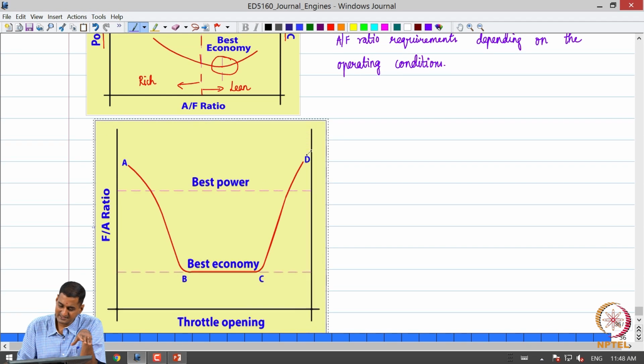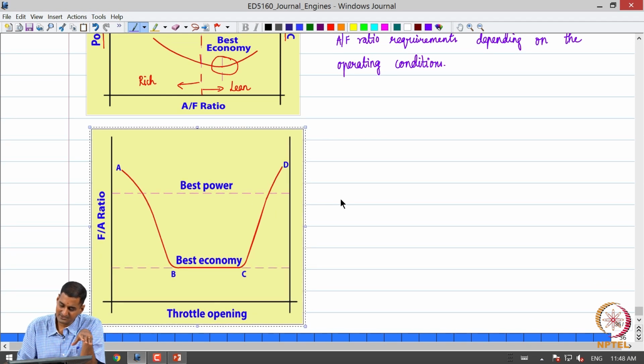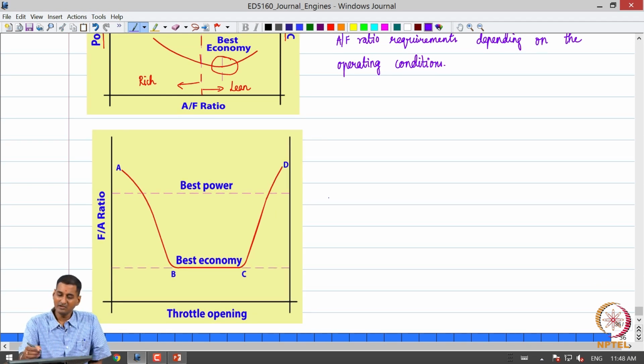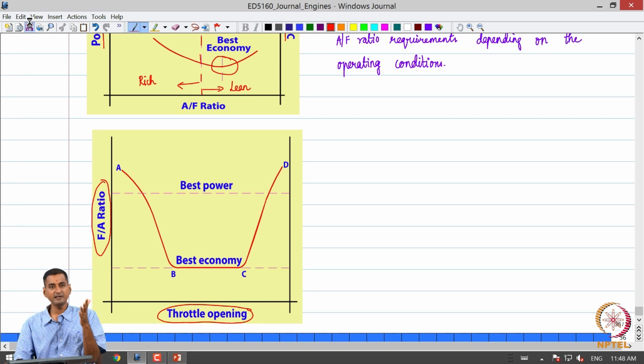Let us look at this curve. In this curve we have throttle opening on the abscissa, and fuel air ratio, not air fuel ratio, on the ordinate, the vertical axis. It is just the inverse of air fuel ratio. A higher fuel air ratio than stoichiometric means it is a rich mixture, please remember that.